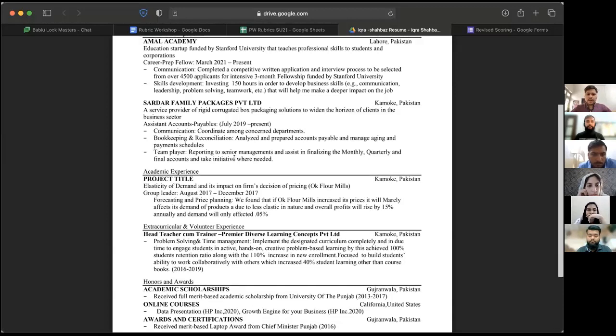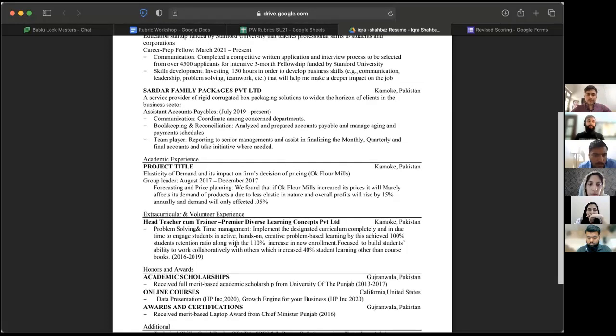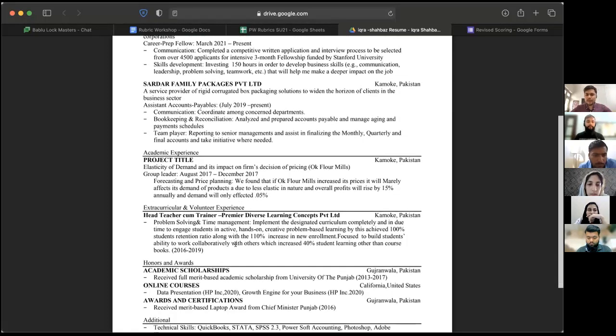And similarly, in certain areas as well, you can mention कि quantification शायद कुछ जगहों पे नहीं हुई थी, जिस तरह in Siddhar Family Packages Limited, we don't see a lot of quantification, but we do see it over here in the forecasting and price planning. We also see it in this extracurricular and volunteer experience as well, right?